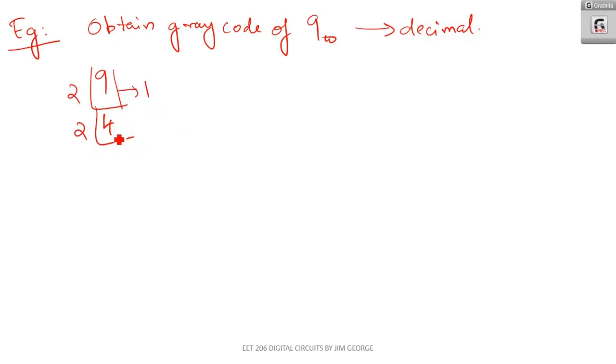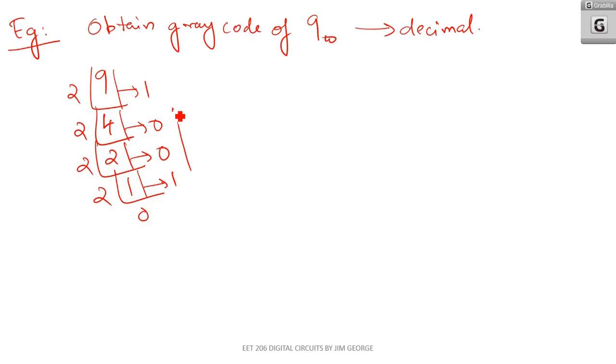Divided by 2 is 2, remainder is 0. Divided by 2, 1, remainder is 0. Divided by 2, 0, and remainder is 1. Read from bottom to the top. Therefore 9 to the base 10 you can write as 1, 0, 0, 1 to the base 2. Okay, this is just binary representation.